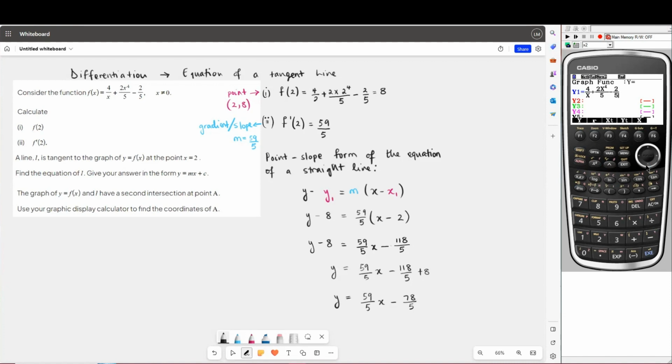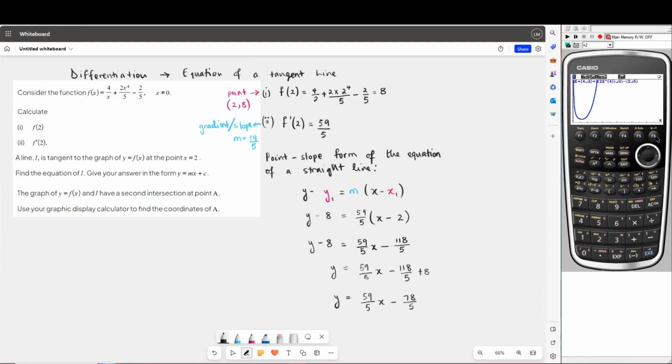And then we're also going to graph the straight line, the tangent line, whose equation we found just now. So that would be 59 over 5x minus 78 over 5.